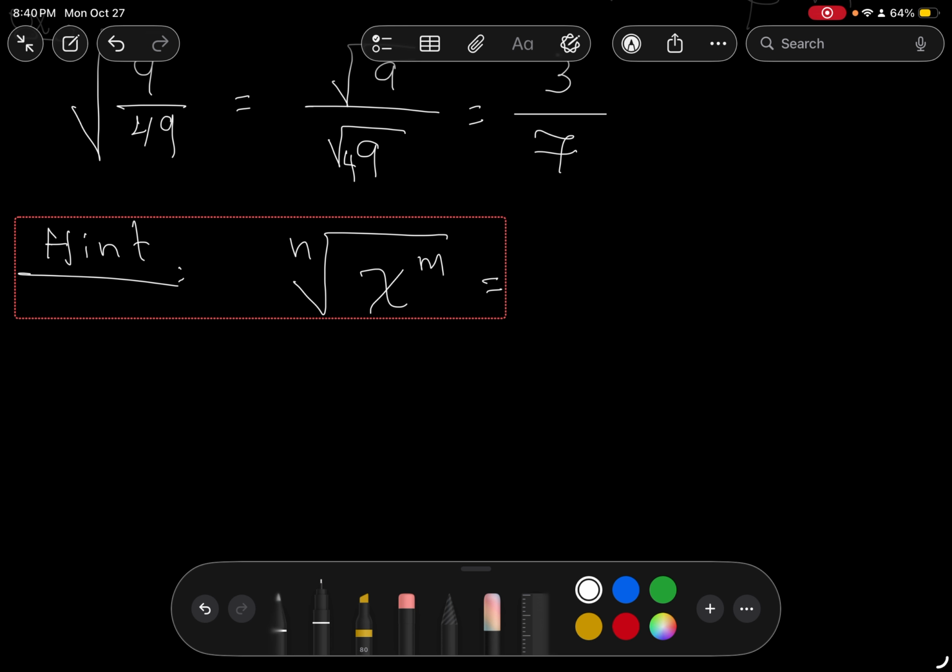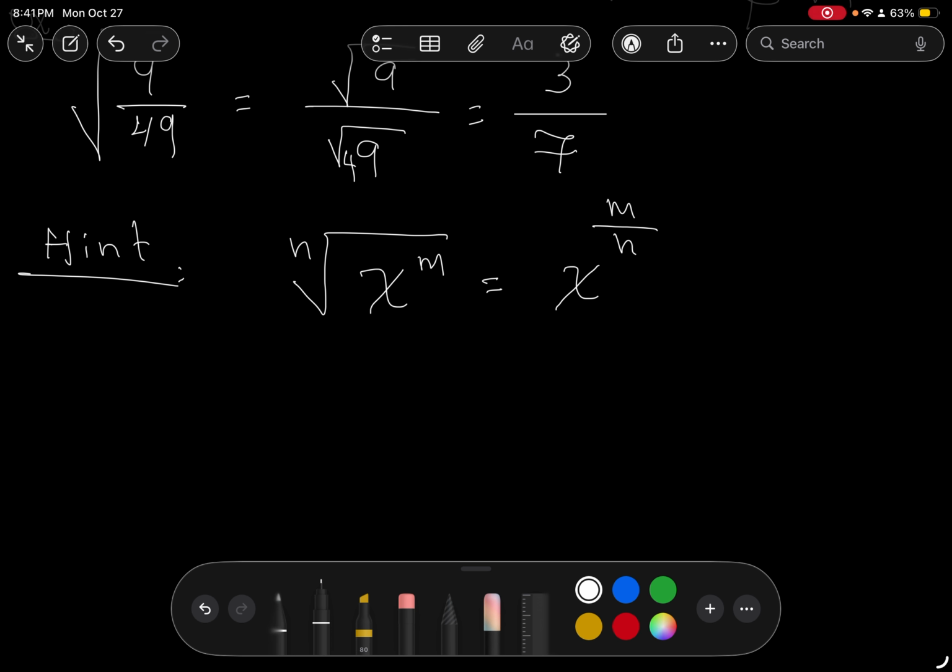We should take the exponent under the radical with respect to the variable and with respect to the exponent: an interior over an exterior, an interior over an exterior.